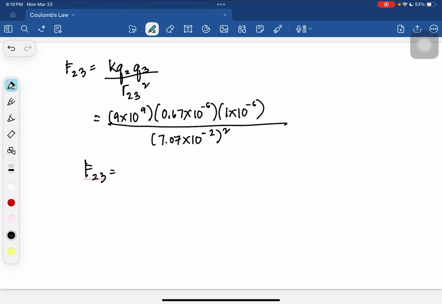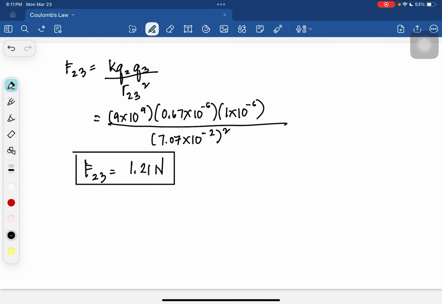I'm getting 1.21, so that's 1.21 newtons.